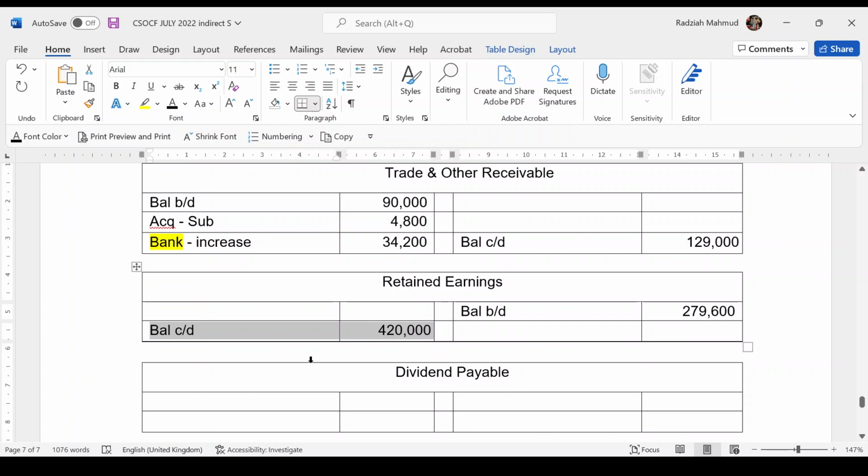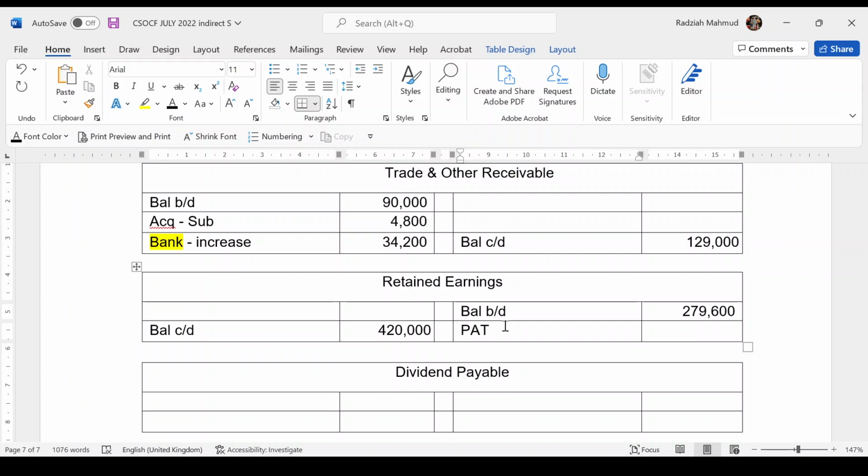Retained earnings is increased by the consolidated PAT. Remember, it comes from the profit attributable to equity holders. This is not the profit after tax of 273. It is not that figure. Please do not take the wrong figure.